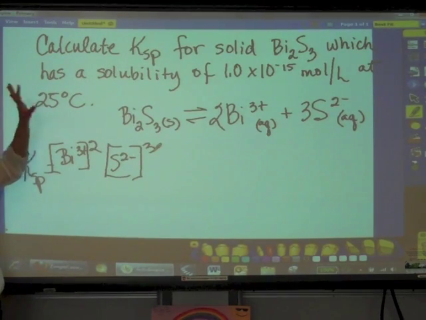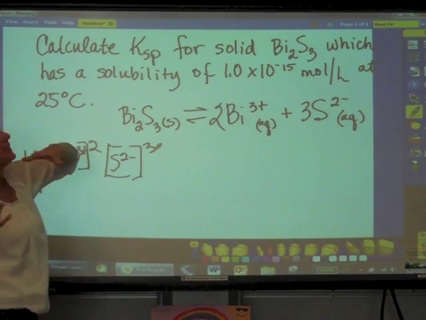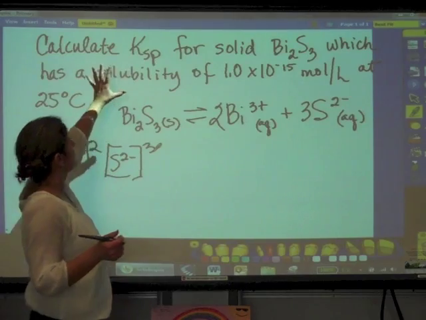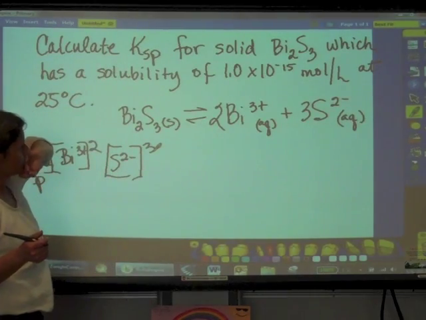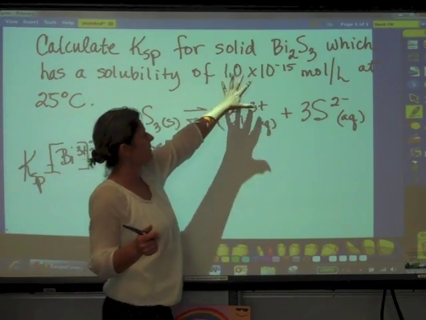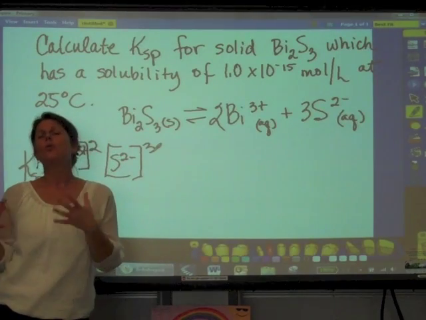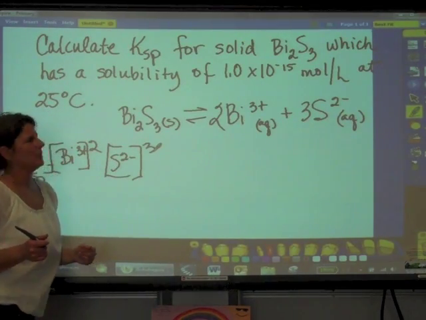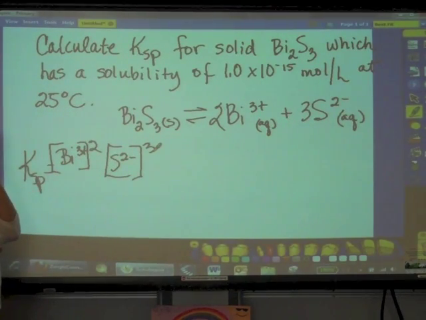So now the question is, how can we relate this number, this solubility, to what we have normally done with equilibrium problems, which is an ICE diagram? What does solubility represent?